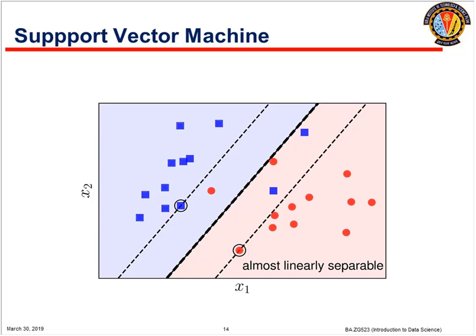So the idea behind the support vector machine is to find a boundary that separates these blue squares from the red circles, the examples which belong to different classes, such that the margin becomes maximum.